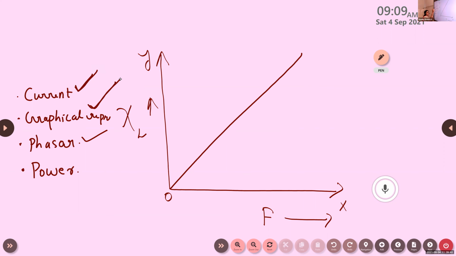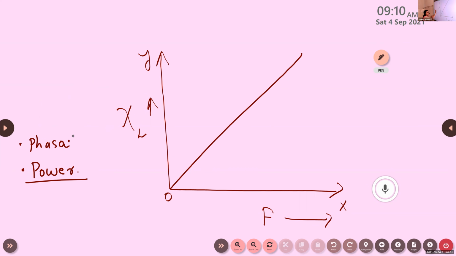In the previous session, we discussed the phasor diagram. Then the next step, we are going to derive an expression for the instantaneous value of power generated in an inductor when it is connected to an AC voltage source. I'm just summarizing all the points. You don't need to copy it down.